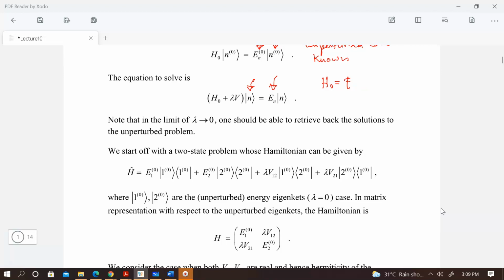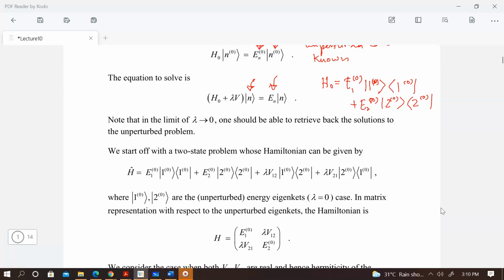Okay, E1 naught, |1 naught>, and then E2 naught. So you can think of this just like your spin up. So this is a spin up projection operator, spin down projection operator. So essentially in this particular case, this is a diagonal matrix.